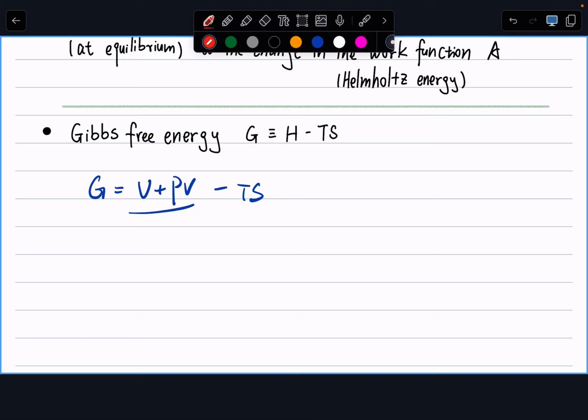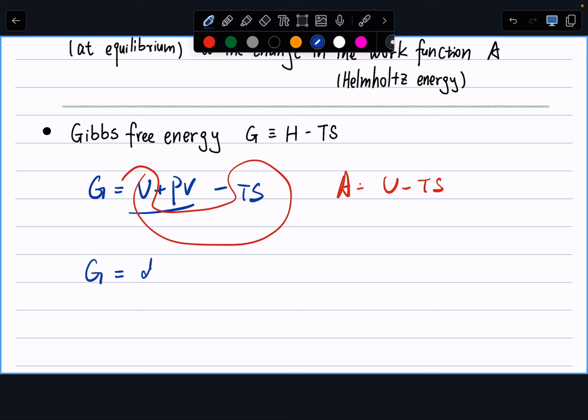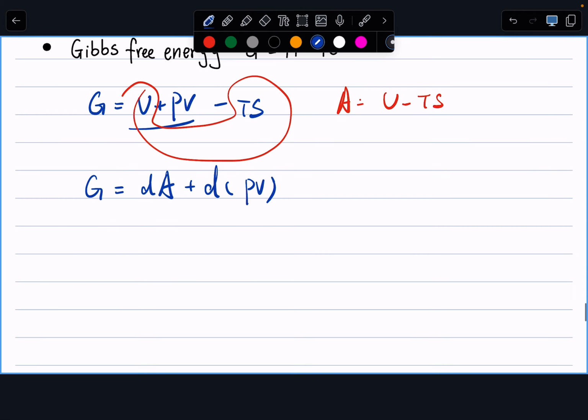And here, we know that U minus TS equals A. So we can rewrite G equals A plus PV, and same thing, dG equals dA plus PdV plus VdP.